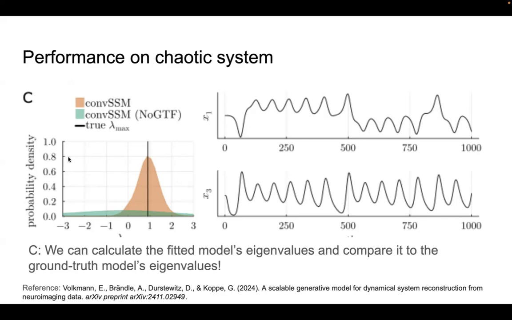They show how well they're able to fit these models compared to one of their old models. This is a distribution of what maximum eigenvalues they get for the models they're fitting to the data. What they're trying to show is that conv SSM is doing much better than conv SSM without generalized teacher forcing.